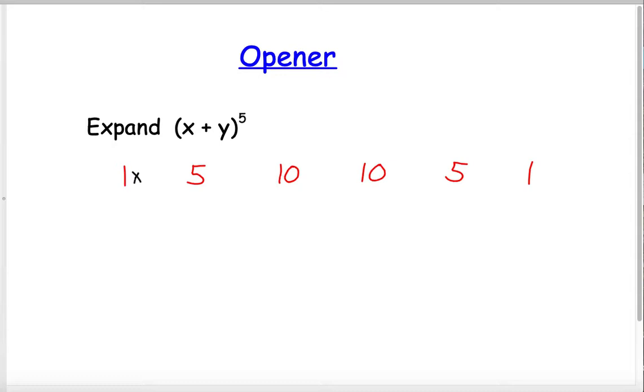We start out with x to the 5th, y to the 0, which is just 1, so usually we wouldn't write that, plus, then it becomes x to the 4th, y to the 1st, and the x goes down to the third power, y goes up to the second power, x to the second, y to the third, x to the first, y to the fourth, and finally x to the 0, y to the fifth.